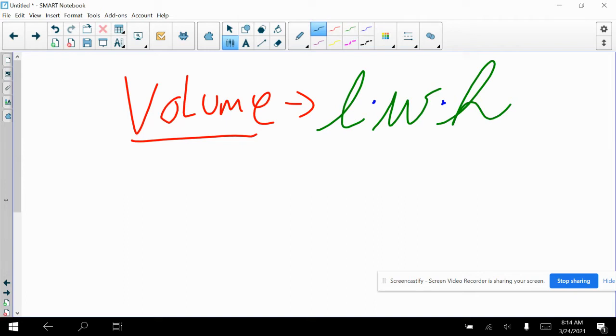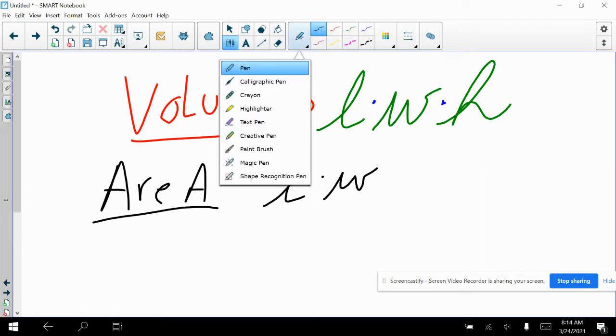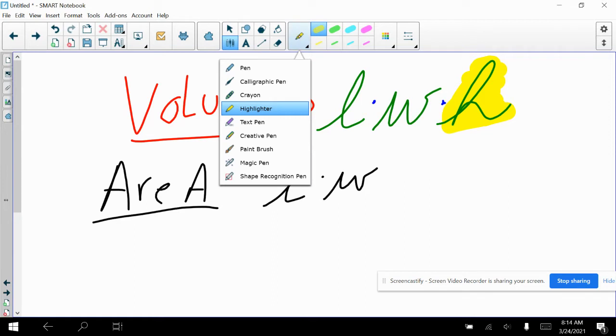If we were talking about area of something, that would just be the length and the width. Do you notice the difference of what makes it 3-dimensional? That is correct. The height is what makes it 3-dimensional. So if you have height to something, more than likely it's a 3-dimensional object.